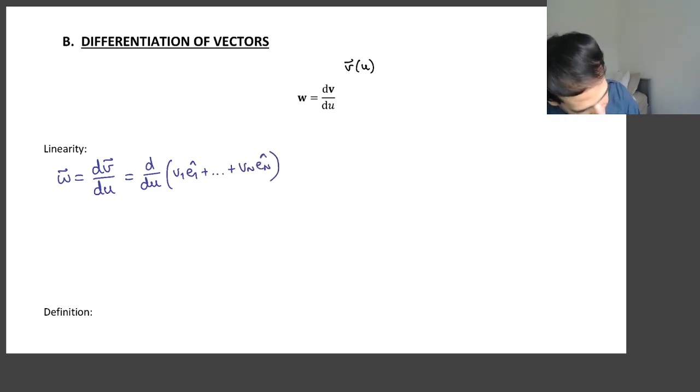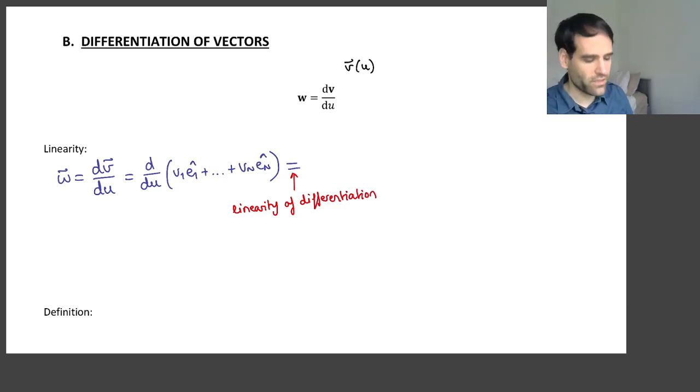Now if we apply the linearity of the differential operator, linearity of differentiation, and also assume that the unit vectors are constant, such as, for example, x hat, y hat, and z hat, they are constant.